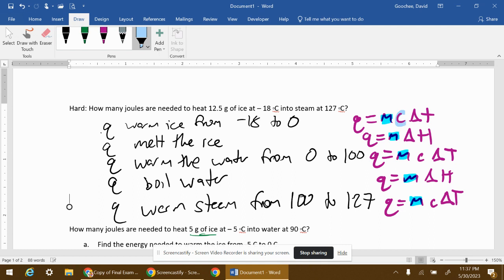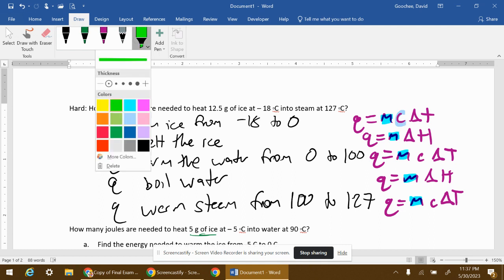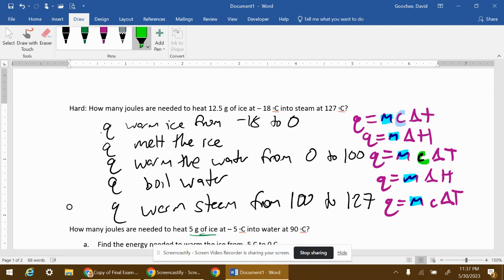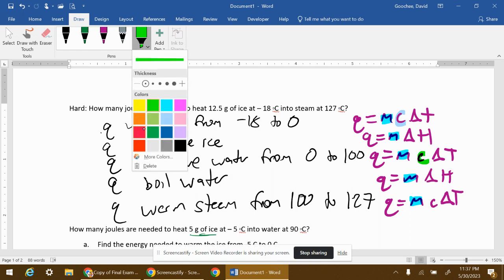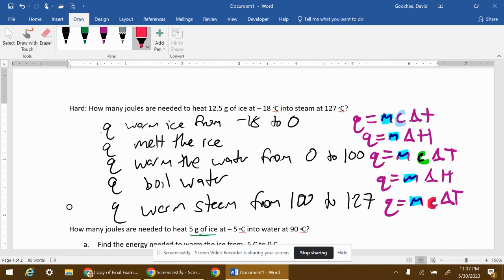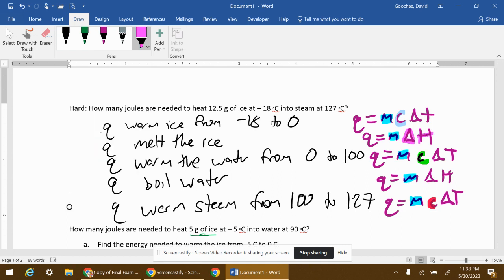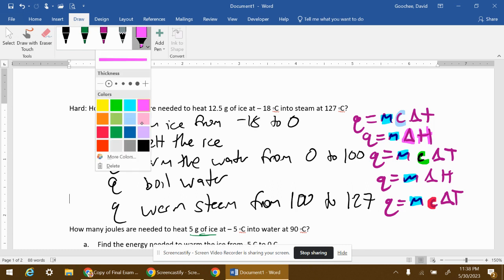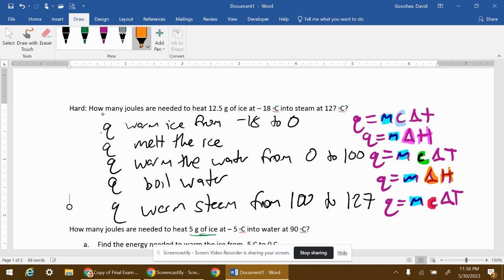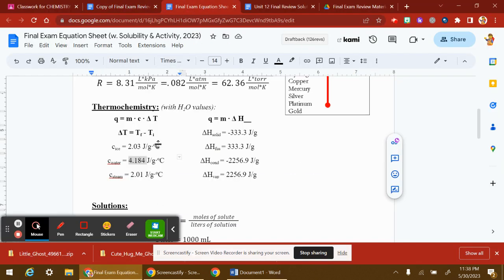Ice has its own specific heat, water has its own specific heat, steam has its own specific heat. And there are different heat energies required to melt ice and to boil water. So you just have to find the values on here.